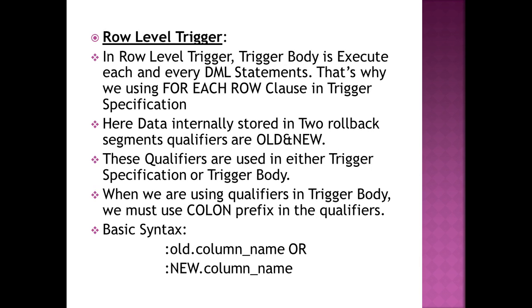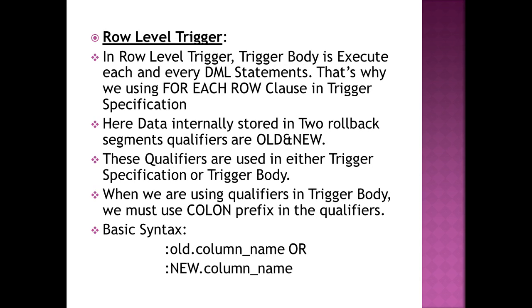If you use these qualifiers in the trigger body, you must definitely use the colon prefix on the column name or qualifiers. If you use these qualifiers in the trigger specification, then you don't need to write the colon.